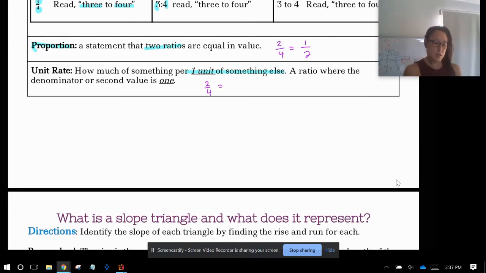So I'm going to put in 2 divided by 4. 2 goes in first, it's just a fraction sign, which gives me 0.5. This means that I eat 0.5 pineapples, so half a pineapple, for every 1 glass of water in our pineapple water example.